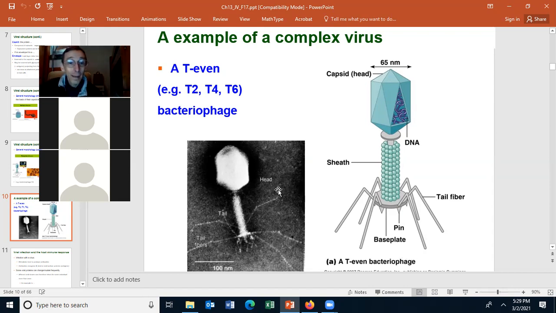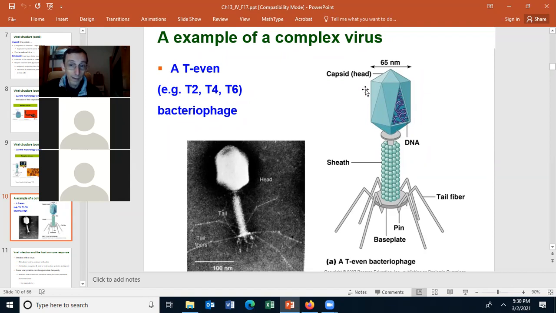So when we're talking about bacteriophage T4, it's in a class of viruses that we call the T-even viruses, because they're named T2, T4, and T6. We'll really only talk about bacteriophage T4, but they all take this shape. And you can see it's a complex virus. It does have DNA for its viral genome, and then it's surrounded by a capsid, but it's more than one protein.